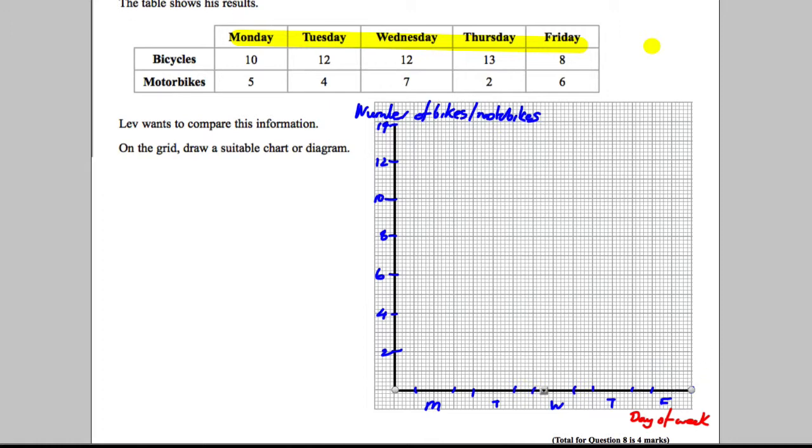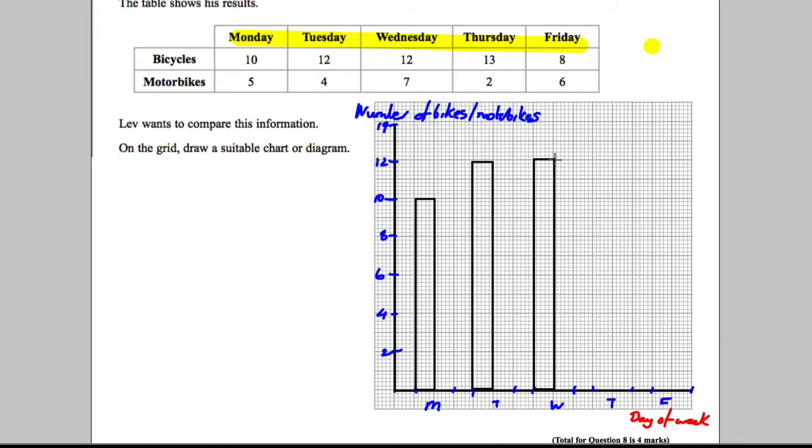Okay, so what we're going to do is draw in the bicycles. We've got 10 on Monday, so I'm going to go up like this to 10. And we've got 12 on Tuesday, so from Tuesday I'm going to go up like this to 12. On Wednesday we've also got 12. On Thursday we've got 13. And on Friday we've only got 8 as follows.